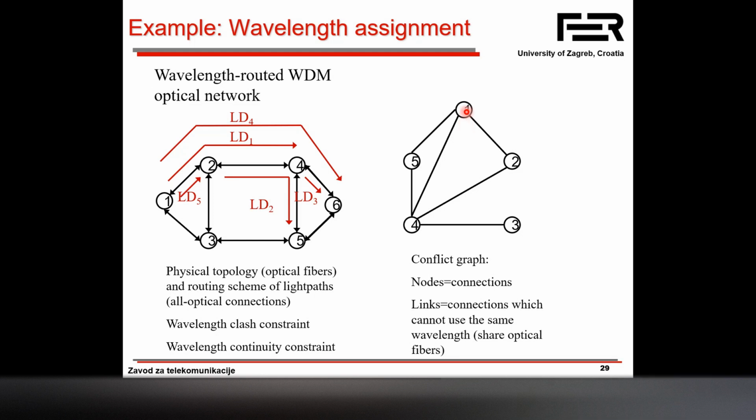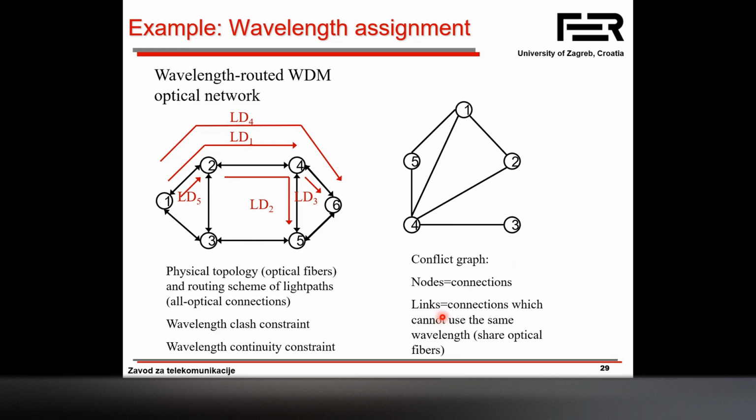In that sense, we can solve this as a graph coloring problem where we're trying to find the minimum number of colors that we can use to color this graph, and that will also give us the minimum number of different wavelengths that we need to solve this problem.